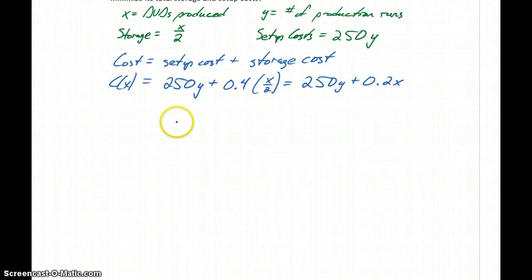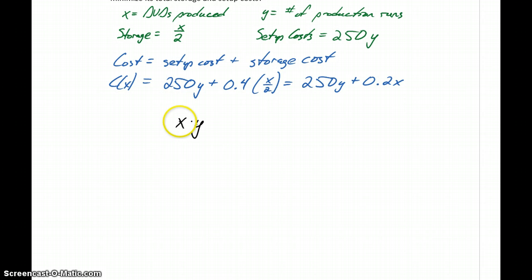So the relationship between X and Y: we have X DVDs that are going to be produced in each of Y production runs. So if we have 10 DVDs being produced in each production run, and 2 production runs, 10 times 2 would be 20 total DVDs being produced.